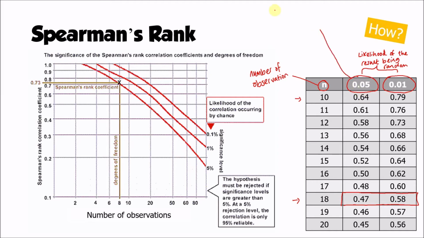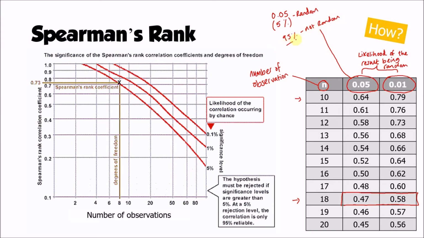So 0.05 is the same as saying 5%. That decimal 0.05 is the same as the percentage 5%. So if there's a 5% chance that it is a random relationship, by the same token, there's a 95% chance that it's not random. So that's where we get that idea about confidence.